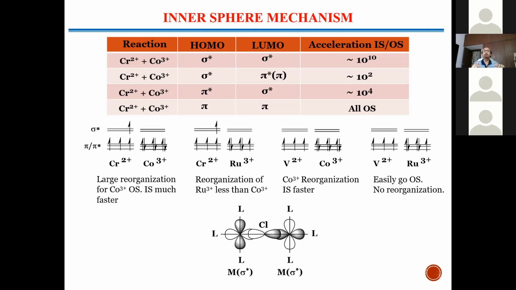But if you take an additional reorganization factor into account, in the case of cobalt, one has to be very careful: cobalt 3 high spin to cobalt 2 low spin involves a lot of reorganization of electrons between the T2G and EG, and that requires a lot of additional energy, and that might retard the process to a large extent. And there you may go for the inner sphere preferably.